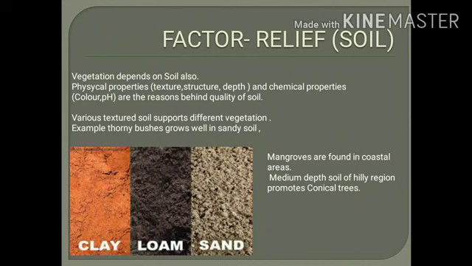So different vegetation growth also takes place in different areas. Like thorny forest we get in the desert area, mangrove forest in the coastal area, tropical monsoon forest in the monsoonal areas which receive a lot of rainfall in the rainy season, and montane forest, the coniferous trees, we generally find in the high altitude areas. So temperature is a very important factor for vegetation growth.